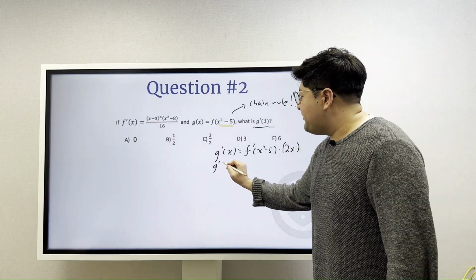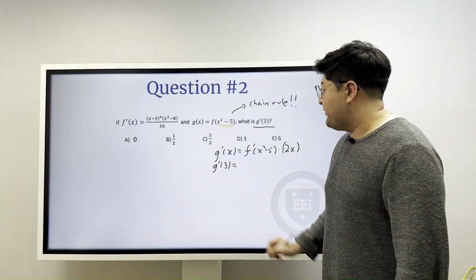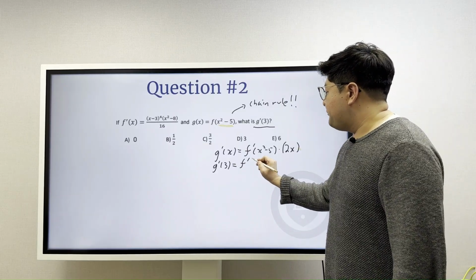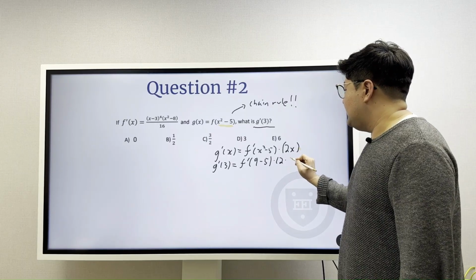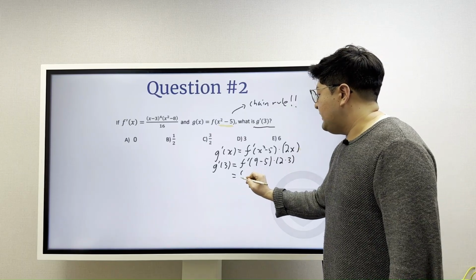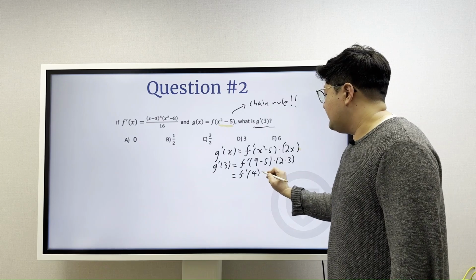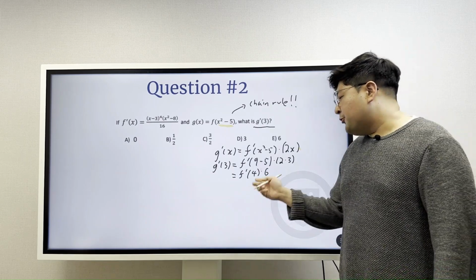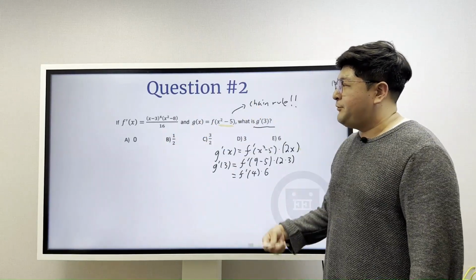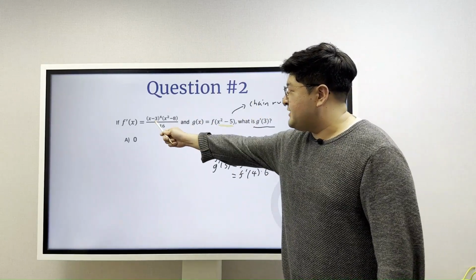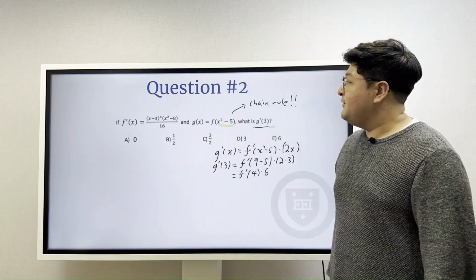Now let's plug in the 3 to find g prime of 3. That will give us f prime of 9 minus 5 times 2 times 3, which will be f prime of 4 times 6. Now the question is, what is f prime of 4? Well, they did give us in the beginning what f prime of x is. So all we have to do is just plug in 4 into the x here.